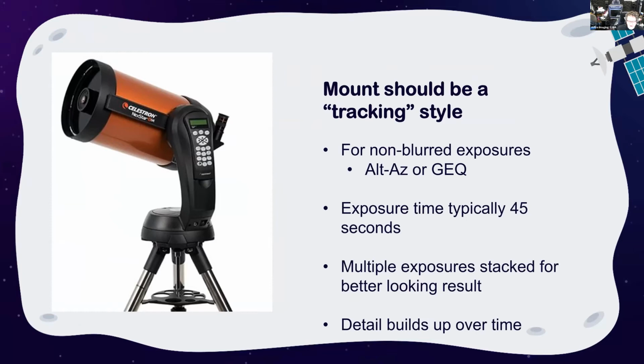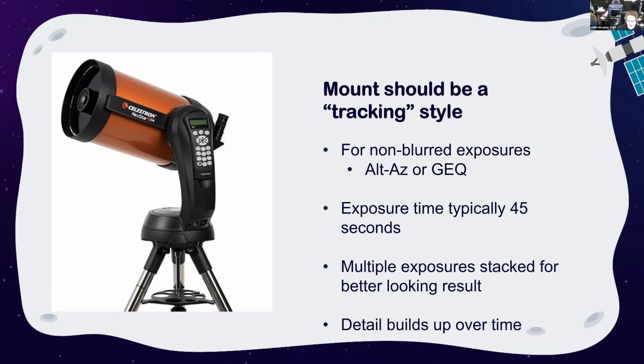But if the exposure is long enough such that the image is blurred because you weren't tracking, then that'll be a problem. So I think we can get away with Alt-Az or GEQ mounts, and certainly you don't have to be auto guiding or anything, but this is all TBD.